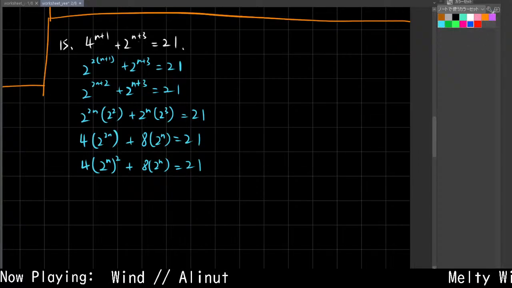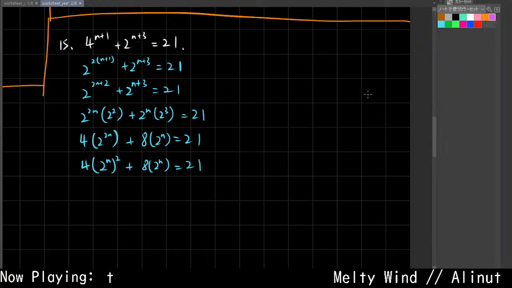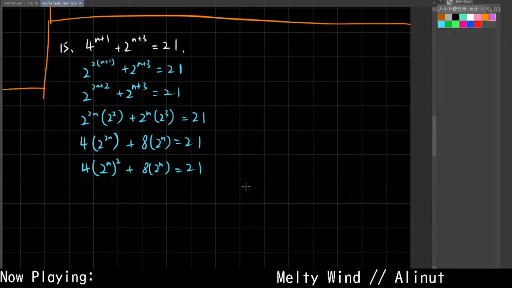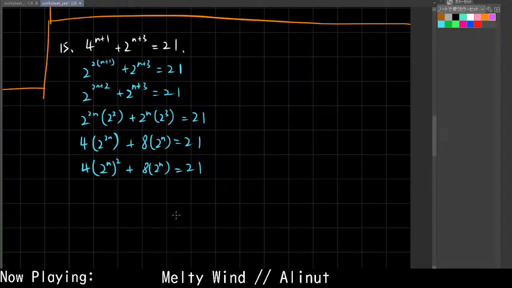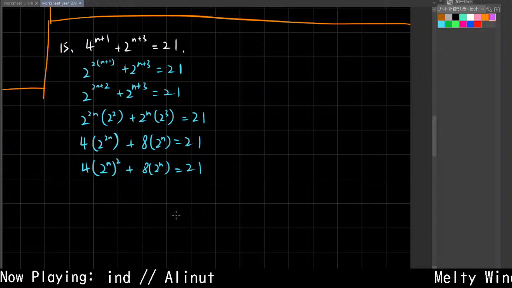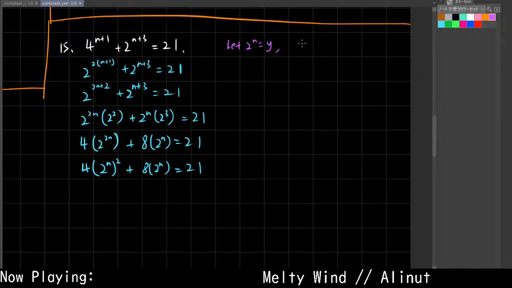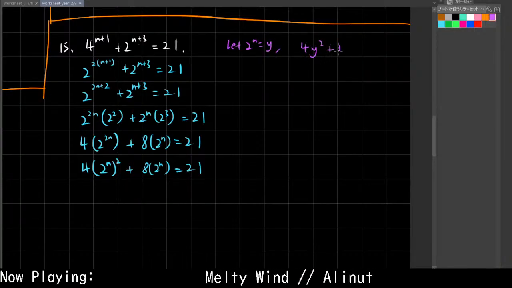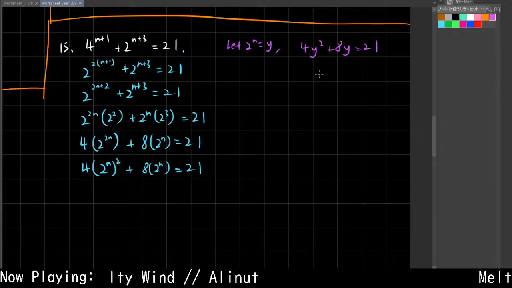And then now you might be able to see that you have a quadratic in terms of 2 to the power n, and now you can let it be equal to y, so we get a quadratic in terms of y. Okay, then you just rearrange and solve it as a normal quadratic.